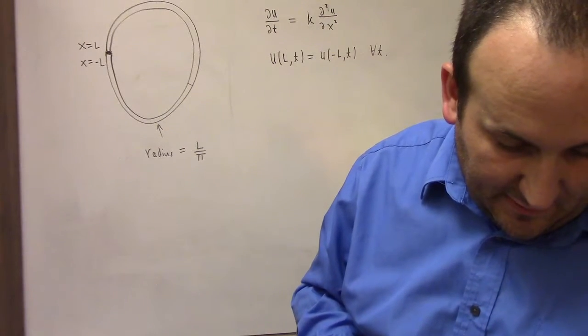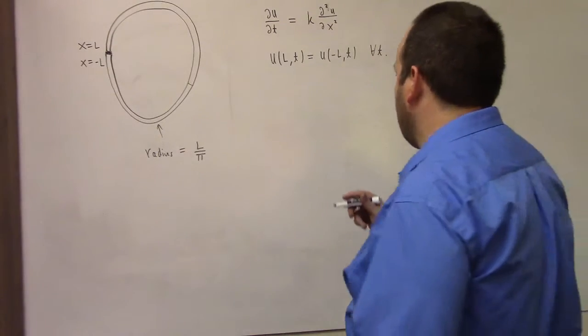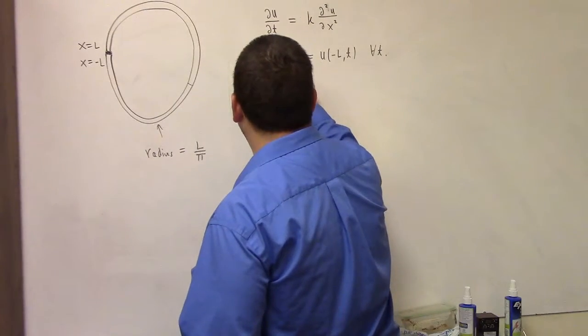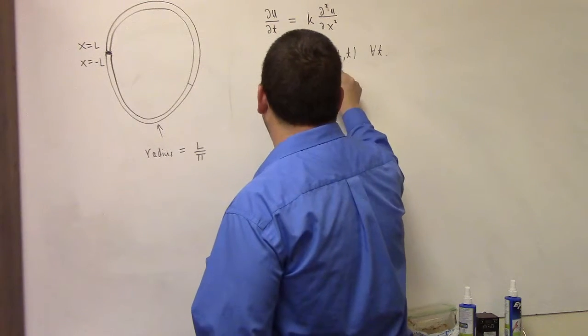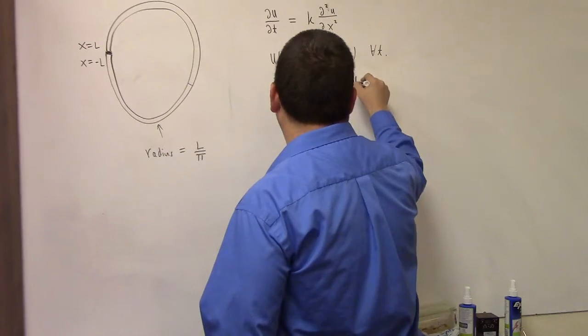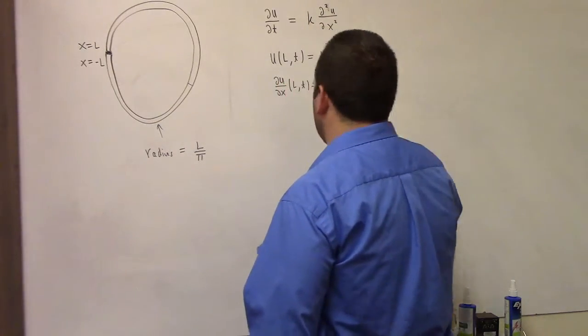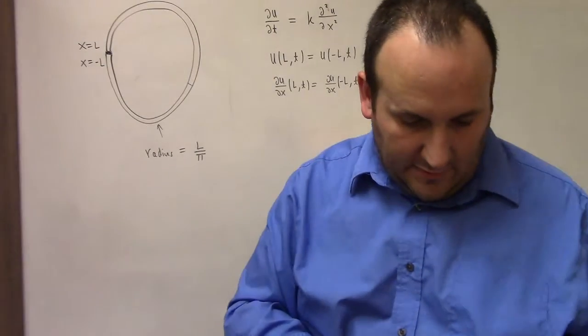And also, the thermal conductivity should be the same. So partial u partial x at L should be equal to partial u partial x at minus L comma t for all t as well. So those are the boundary conditions that we face.